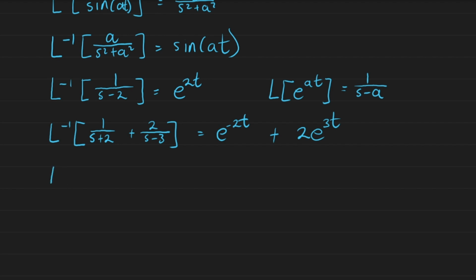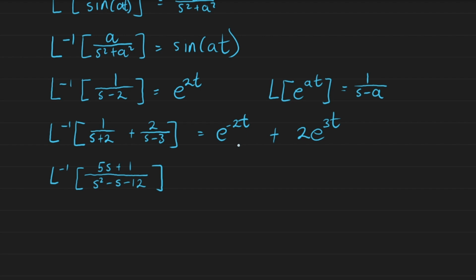So now what if we are given a function where it's not that quite simple to see? For example, we want the inverse Laplace transform of 5s plus 1 divided by s squared minus s minus 12. So this doesn't actually form part of our standard Laplace transform tables. We cannot just go and see, okay, what does this correspond to, and find the function just by inspection like this.